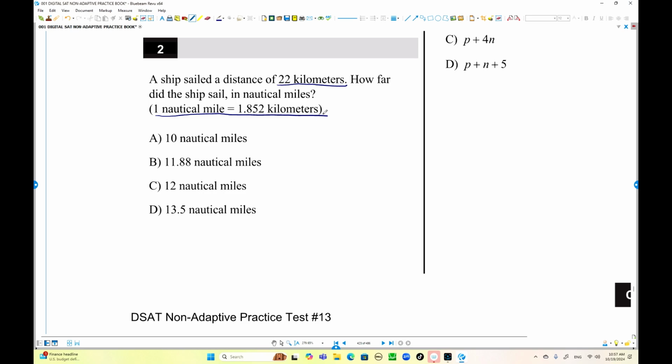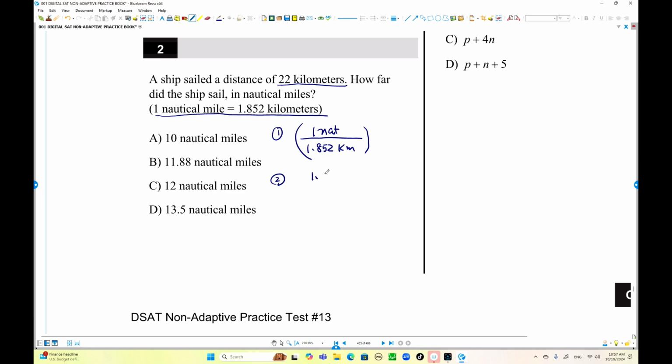Using this one, we have two conversion factors. Actually, the unit conversion factor. Okay, the first one is 1 nautical mile equals 1.852 kilometers. That's the first conversion factor.